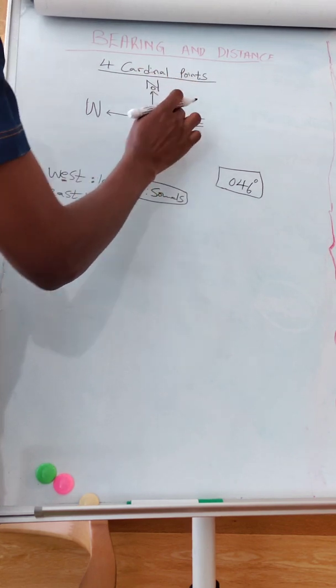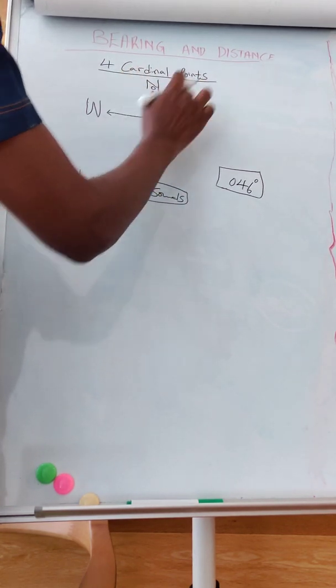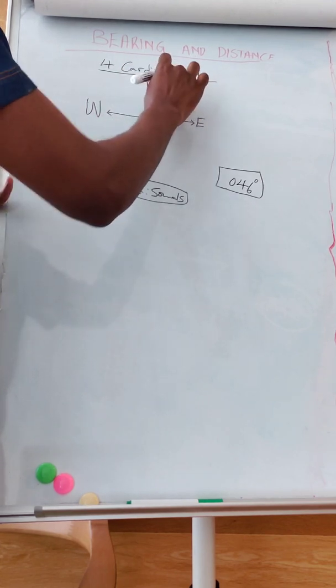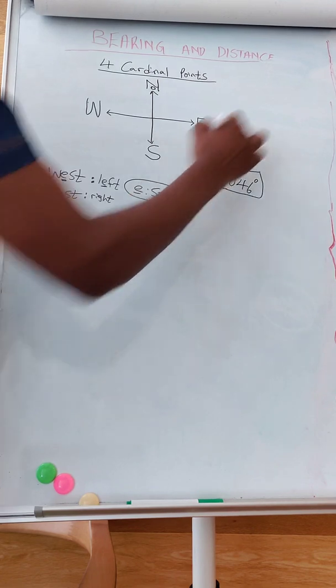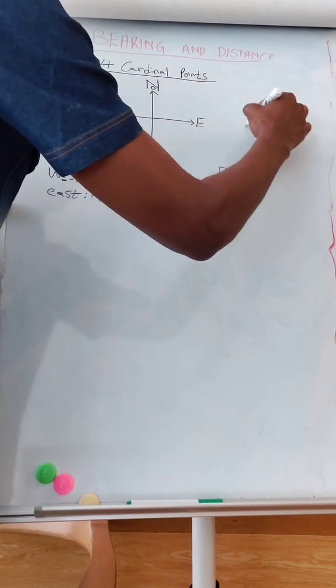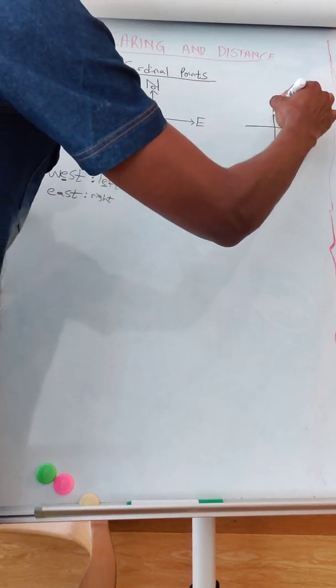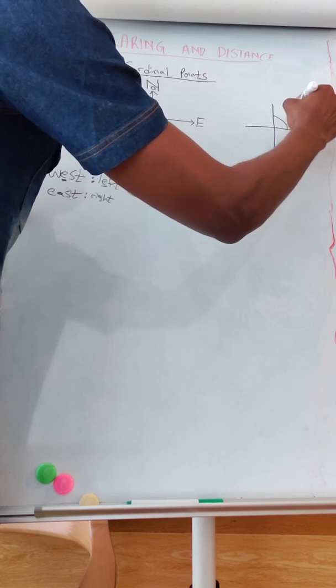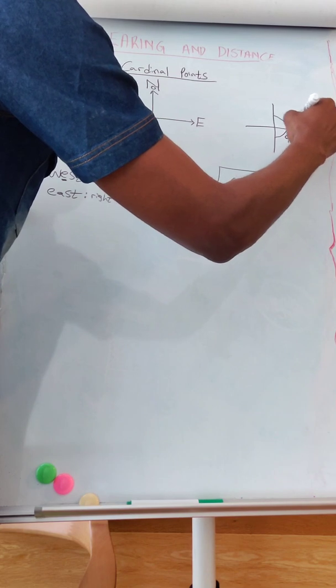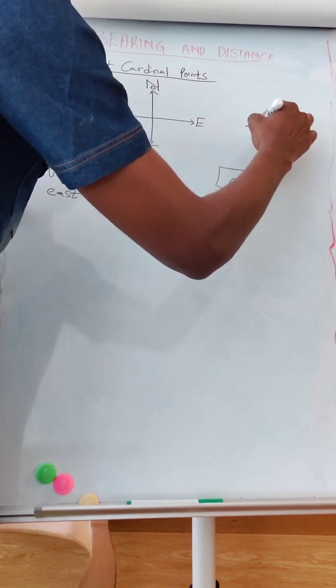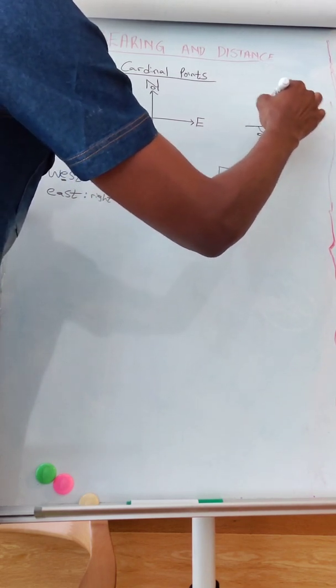Here is 90, another 90, everything together is 360. In essence, in these four cardinal points, this is what? 90. This is another 90. That is 180, right? Another 90, 270.